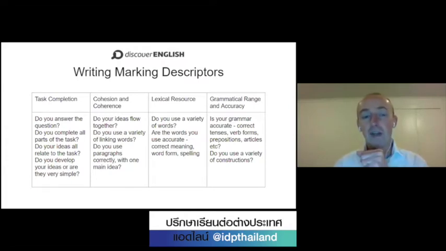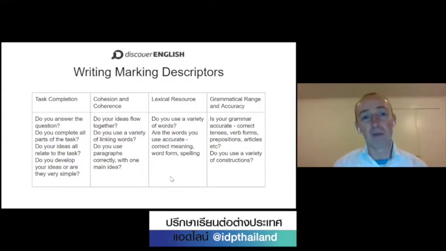Task completion is asking whether or not the candidate is doing the task that's required. Basically, are you answering the question that they've asked? Are you completing all parts of the task? We'll look at the individual tasks and you'll see there are a number of different parts of the task. Do your ideas all relate to the task?